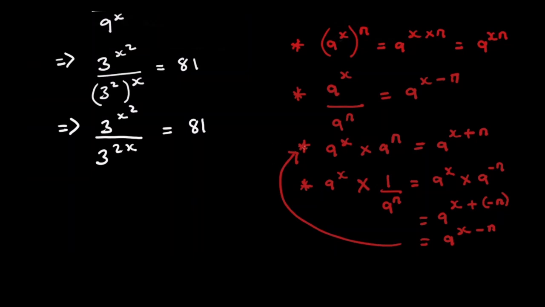So if we apply this law of indices to our situation here, it means we are going to get 3 to the power x squared minus 2x is equal to 81.